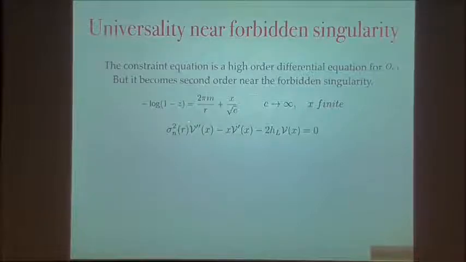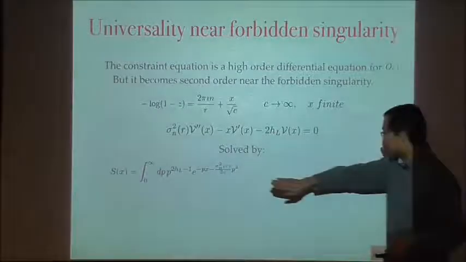If you do this, this rth order differential equation will simplify. It will become a second order differential equation, and this differential equation looks exactly like the 2-1 equation that we already studied. In particular, you can write its solution in this very simple form, and from here you can see really transparently how the forbidden singularity goes away.